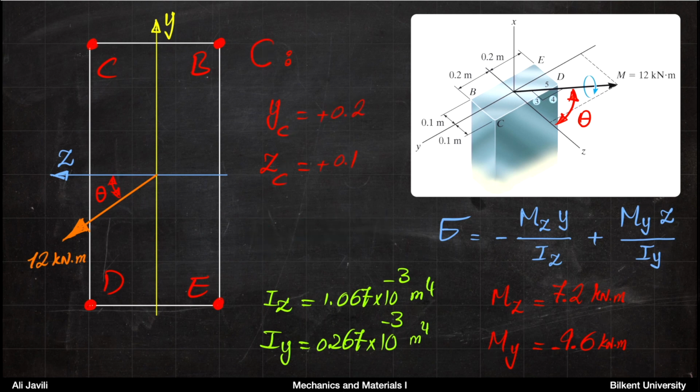Then you do the same thing for point C. Now point C is here. For point C, both Z and Y coordinates are positive, and stress at C reads minus 4.95 megapascal.